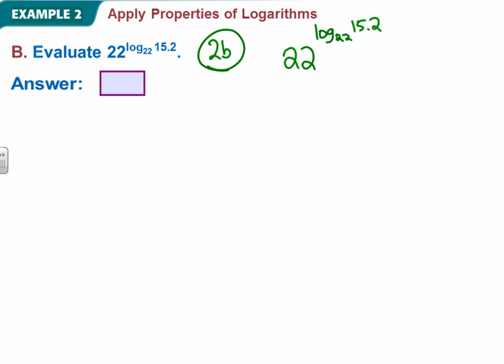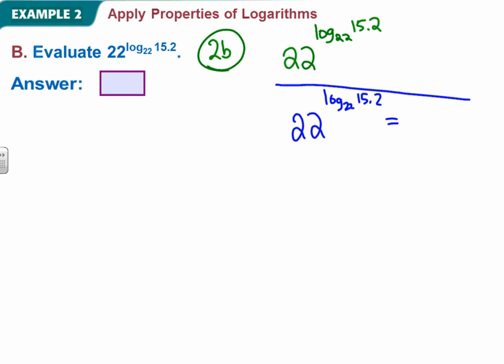Does anybody remember what that's going to equal? 15.2, okay? So the answer is going to be 15.2, but I want to take a minute and look at it. And so I'm going to rewrite it as 22 to the log base 22 of 15.2. And here's why. Because we said this is 15.2, but again, if you look at this Monday morning or something, are you going to remember that rule? Maybe not yet at this point.